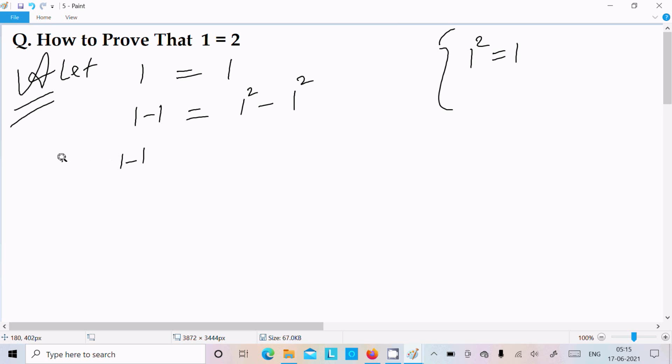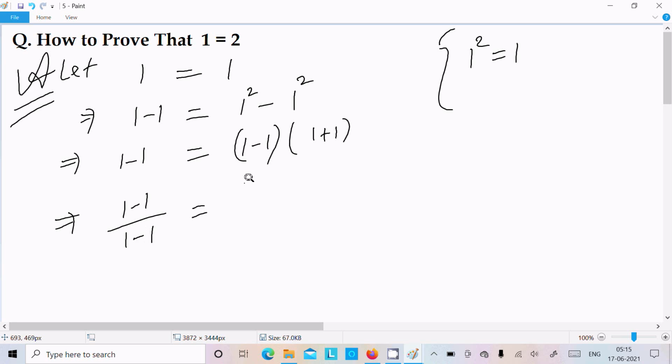Now use the A plus B, A minus B formula. So 1 minus 1, 1 plus 1. Thereafter here dividing 1 minus 1 on each side. So 1 minus 1, and here 1 plus 1, divided by 1 minus 1.